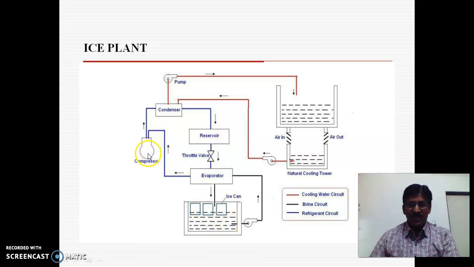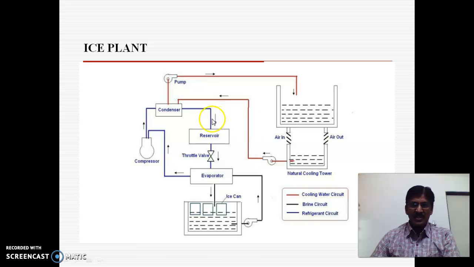With the help of the compressor, condenser, expansion device and evaporator, located where we require the cooling effect, the water is converted into ice by giving its heat to the brine. The heat from the brine is taken by the refrigerant flowing in the primary refrigeration circuit, and after that this primary refrigerant rejects heat into the cooling tower.